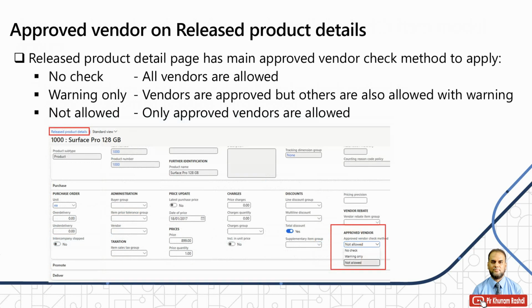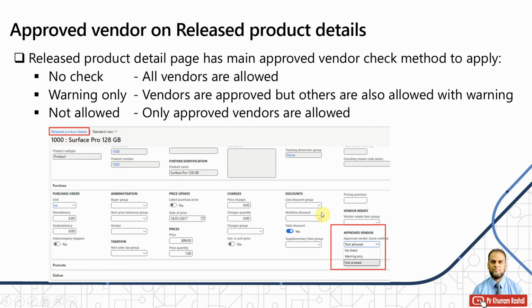Next, we discuss what this approved vendor check method basically is. The released product details page has the main approved vendor check method to apply. Wherever you set this method, like the item model group or anywhere, the main place where it applies is the released product details page.